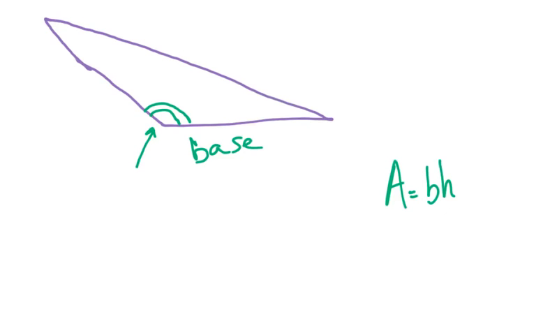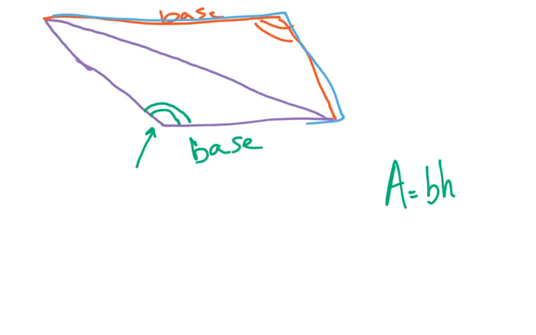If I took this exact same obtuse triangle, made an exact copy, and put it right here. There's that obtuse angle again. This one could be my base, but all together now, this looks like what kind of shape?